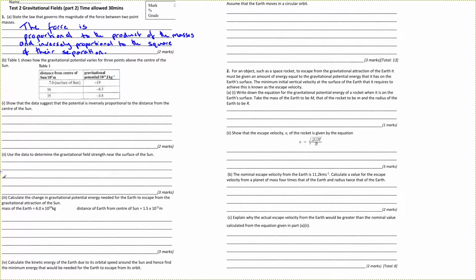We've got a table here then showing how gravitational potential varies for 3 points above the centre of the Sun. Show that the data suggests that the potential is inversely proportional to the distance from the centre of the Sun. So we know, of course, that gravitational potential is given by minus GM over r, and therefore Newton's universal gravitational constant here is constant.